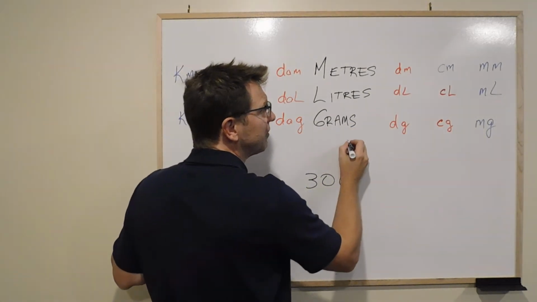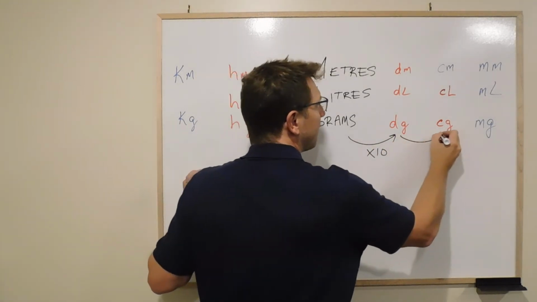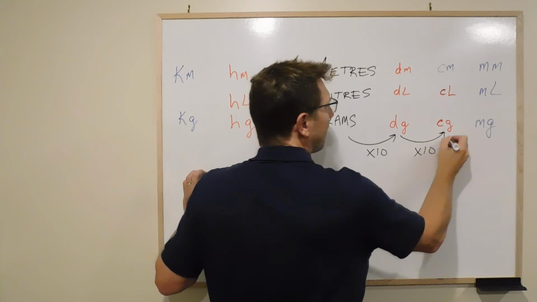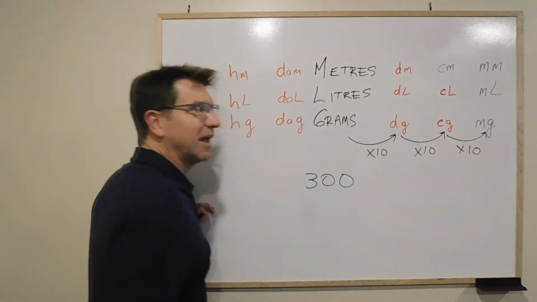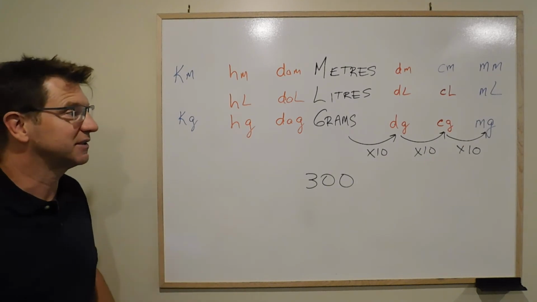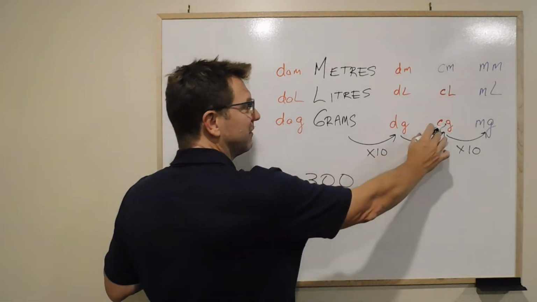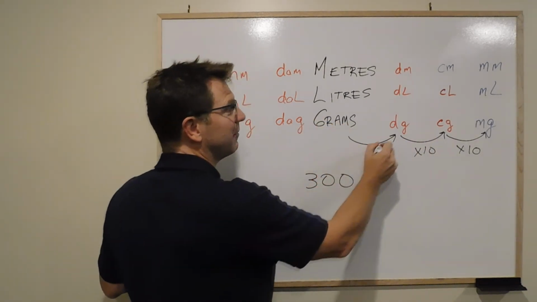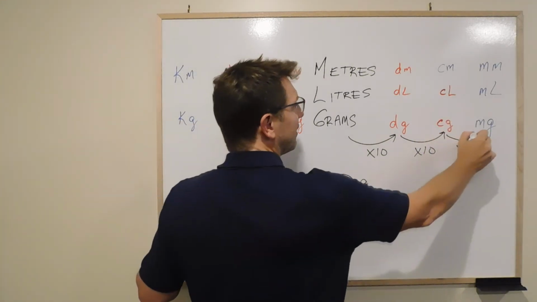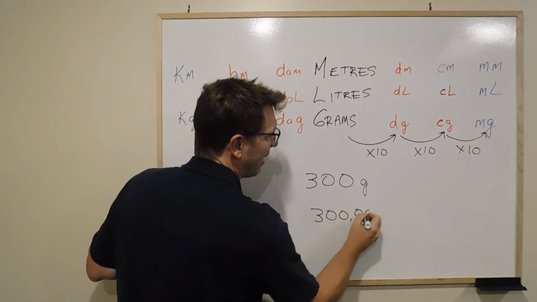To go in this direction, each time I have to multiply by 10. And again, as the slides come up, you'll see this. So if I want to go from grams to milligrams, 300 grams would be 300 times 10 times 10 times 10, so it would actually be 300,000 milligrams.